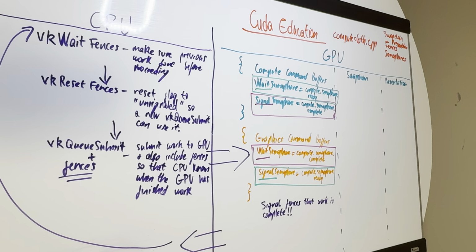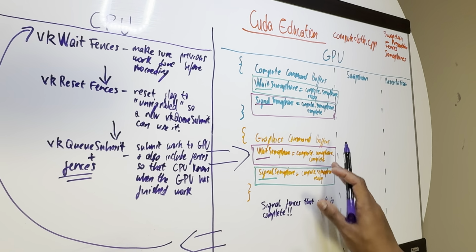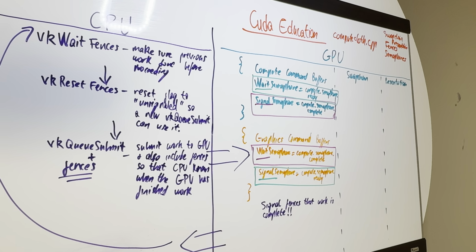It's nothing too major. There is a subsequent step that the graphics portion has to do, right? Let me see if I can move this down a little bit because I need some space.